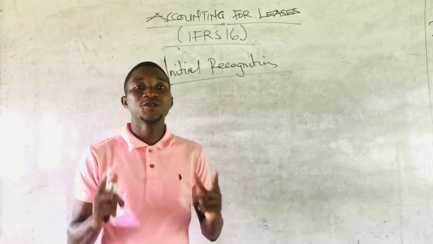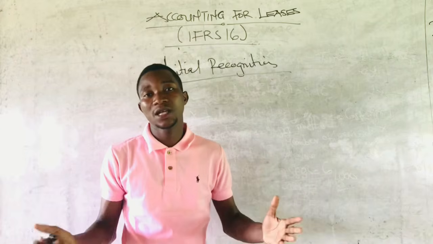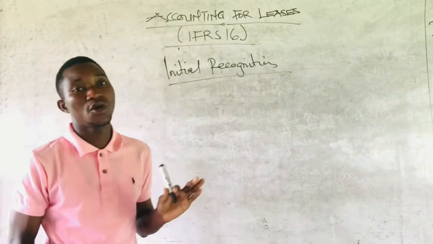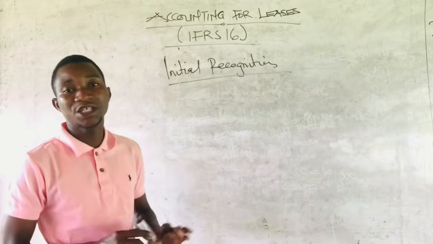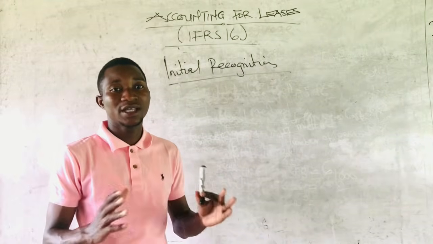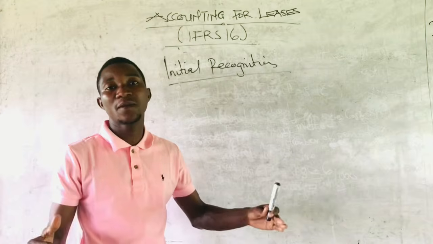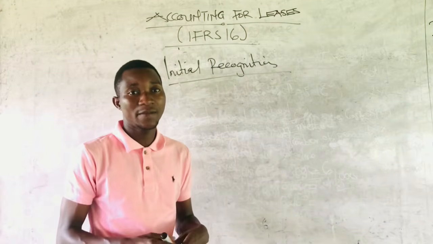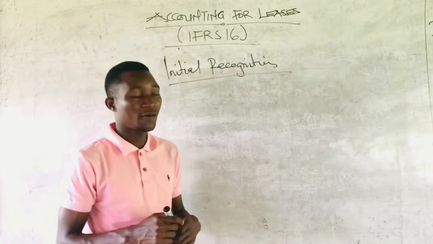Okay, I want you to understand that sometimes in a question there will be no information available for you to calculate your lease liability at the initial recognition. So in such circumstances, there is a formula for you to adopt to find your lease liability. So I want to show you this formula.